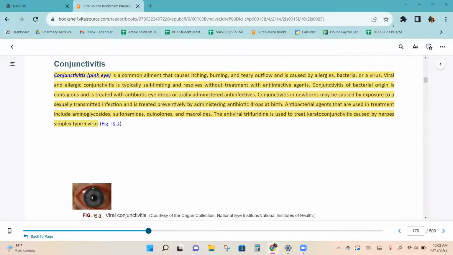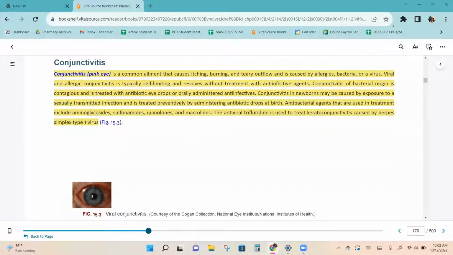Conjunctivitis, which is sometimes referred to as pink eye, is a common ailment that causes itching, burning, and teary outflow and can be caused by allergies, bacteria, or a virus. Viral and allergic conjunctivitis is typically self-limiting and resolves without treatment with anti-infective agents. Conjunctivitis of bacterial origin is contagious and is treated with antibiotic eye drops or orally administered anti-infectives.